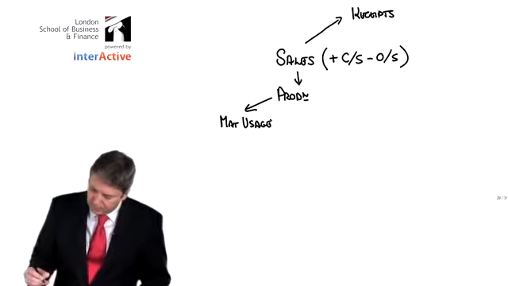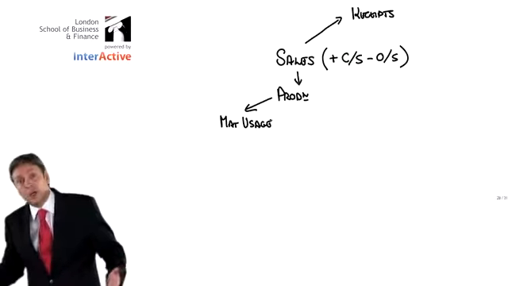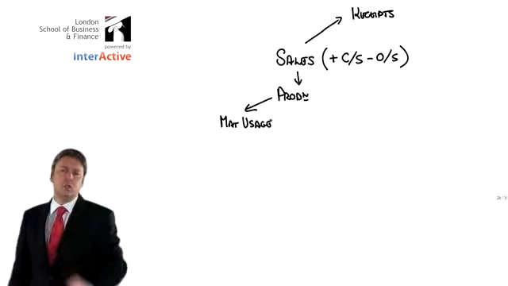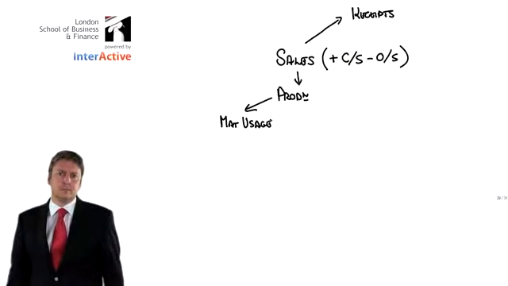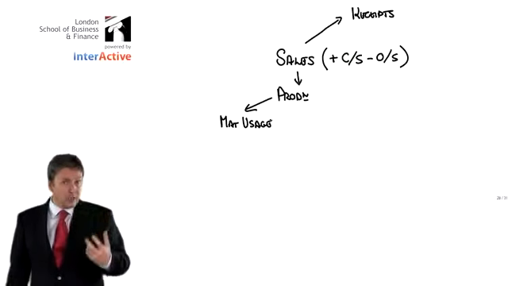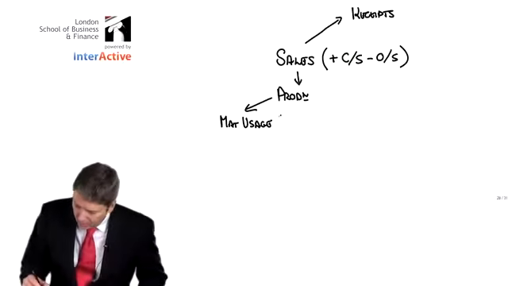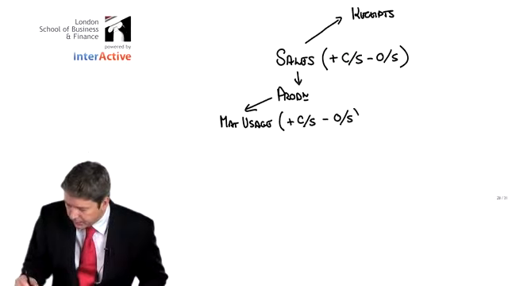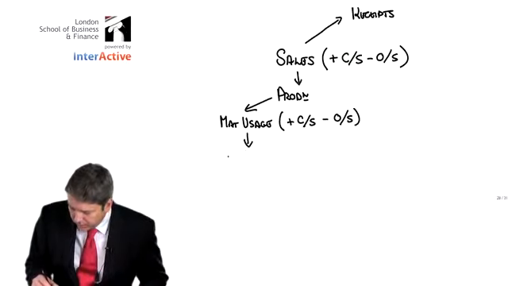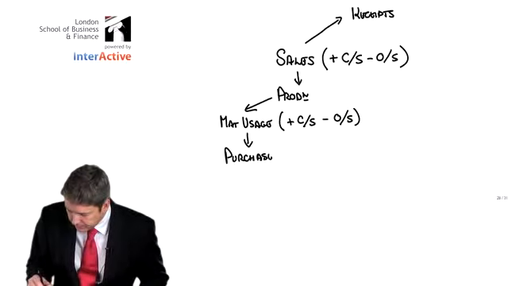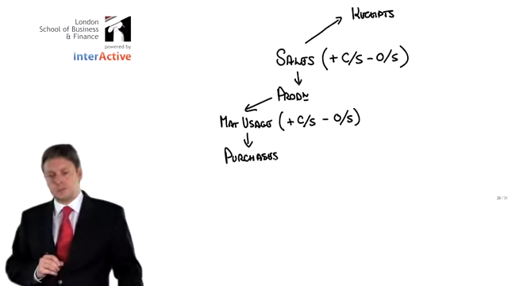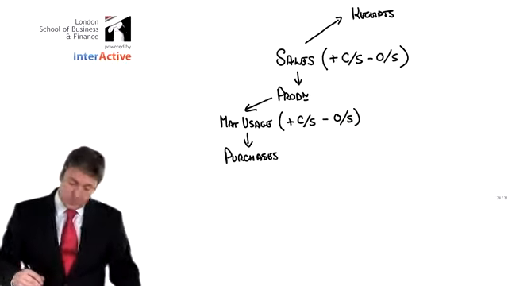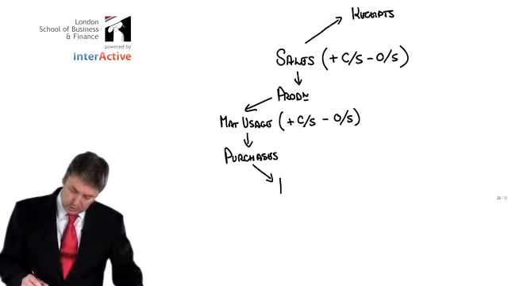The relationship between, say, the kilos of material going in and the units produced. Once we've got to our material usage, then we would have to add closing stock of raw materials minus opening stock, in order that we can work from usage to purchases. And once we've got purchases, then we want to look at payment.